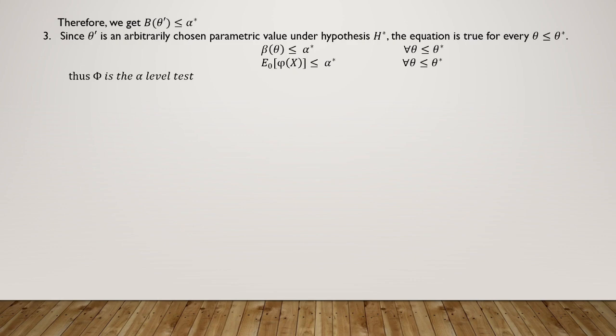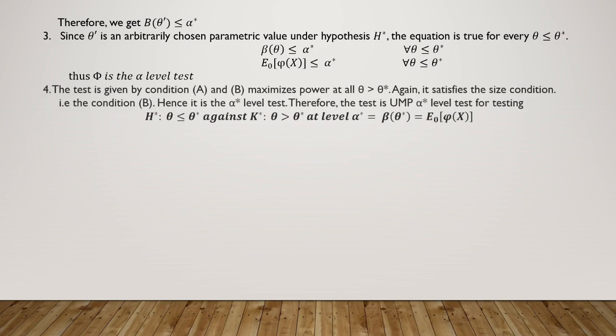Now β(θ) ≤ α* for every θ ≤ θ*, and E₀[φ(x)] ≤ α*. So as both conditions hold, φ is the α level test. So the test given by conditions A and B maximizes power at all θ greater than θ*.